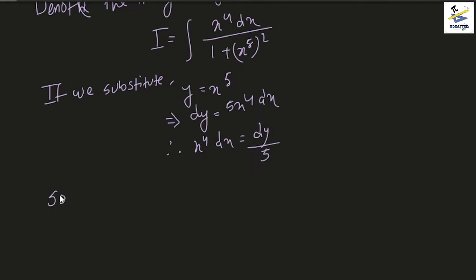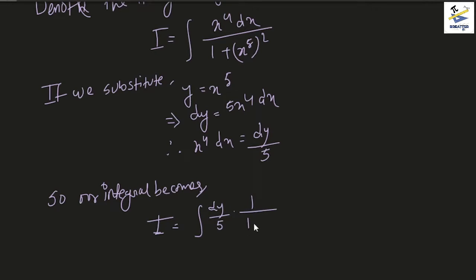So our integral becomes I equals the integral of, this thing becomes dy by 5 and the denominator just becomes 1 plus y square. So taking the constant outside, we get 1 by 5 integral of dy by 1 plus y square.